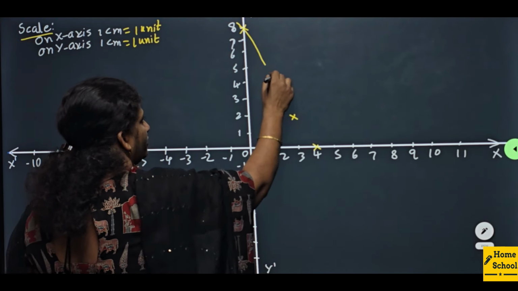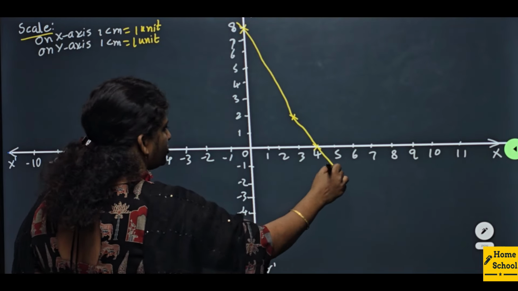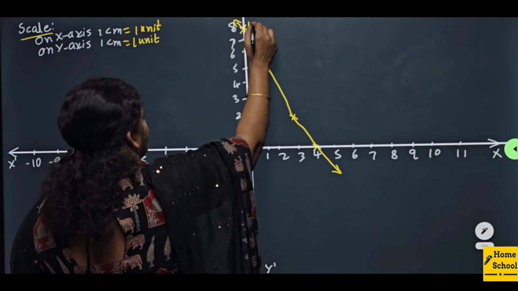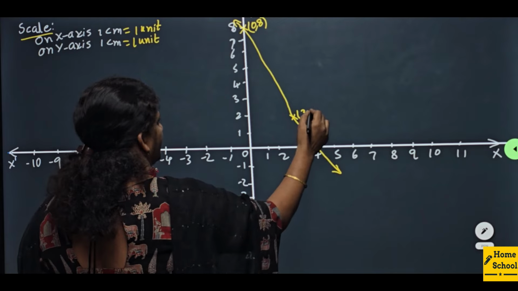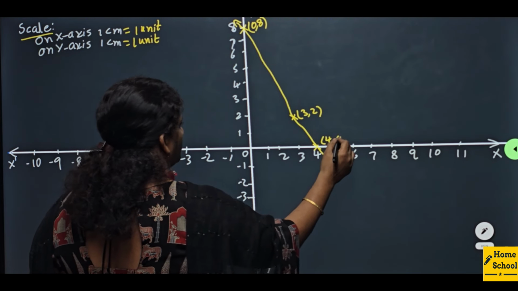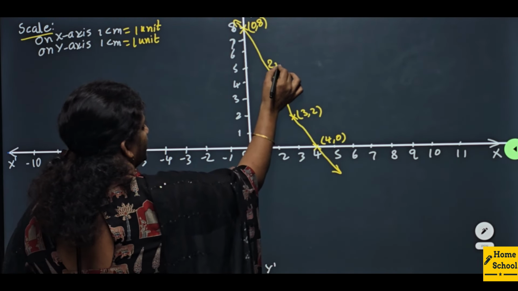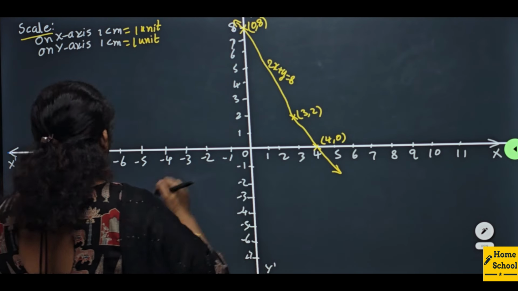And now try to join all of these. In your graph sheet, you are going to get a straight line, children. You won't get any curves. This coordinate is 0, 8, this coordinate is 3, 2, and this coordinate is 4, 0. 2x plus y is equal to 8 is your equation.